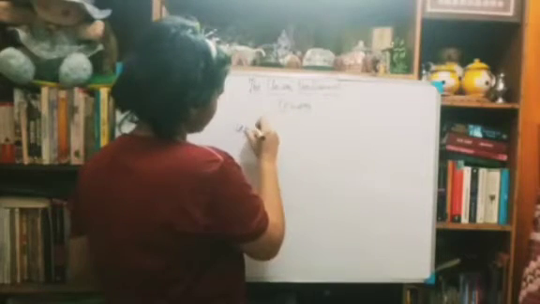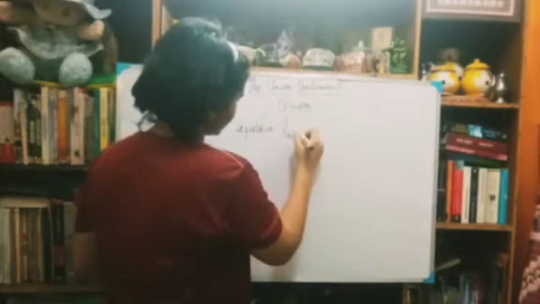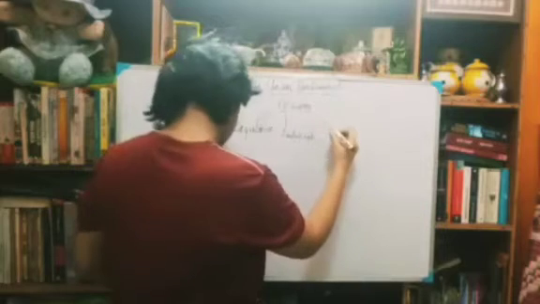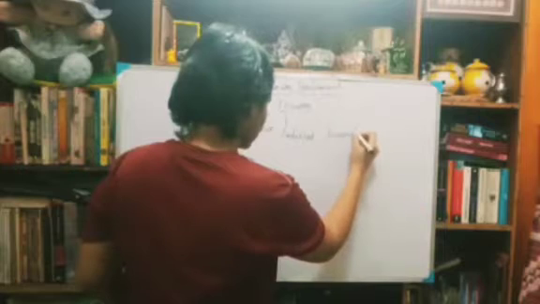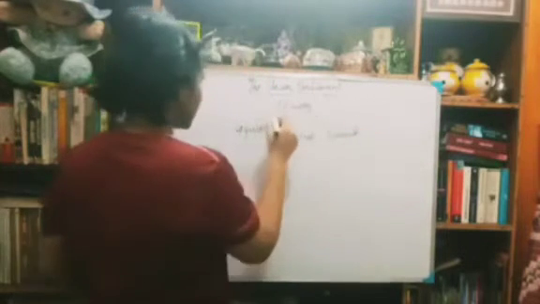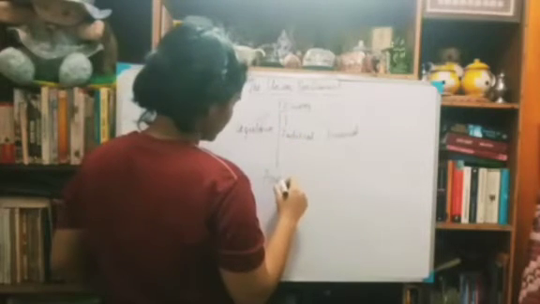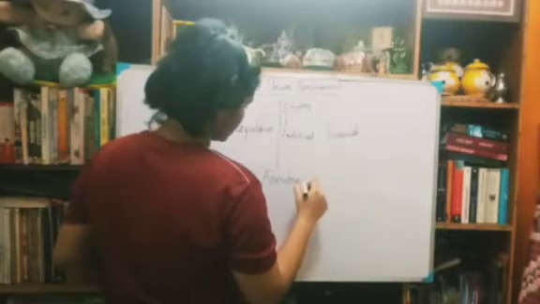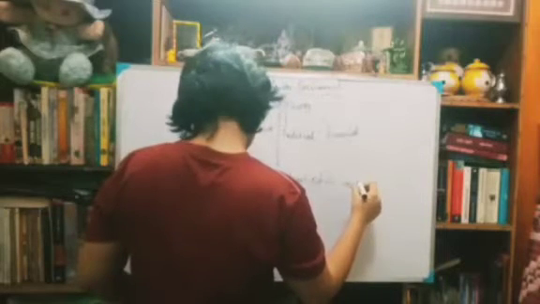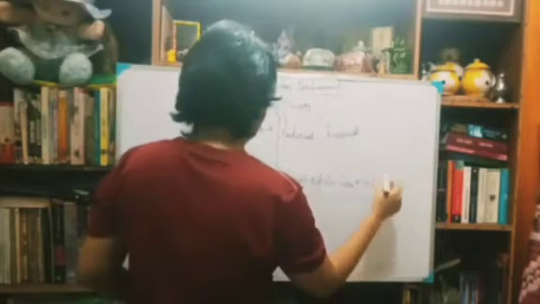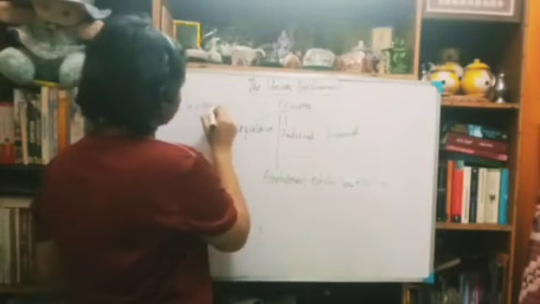Legislative, judicial, then financial, amendment of the Constitution, and the 5th one is the most important one, the electoral functions.